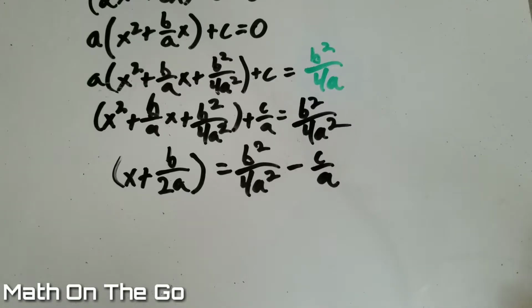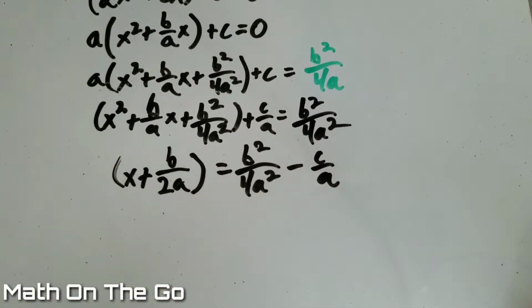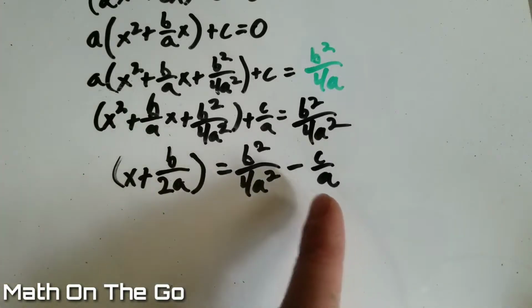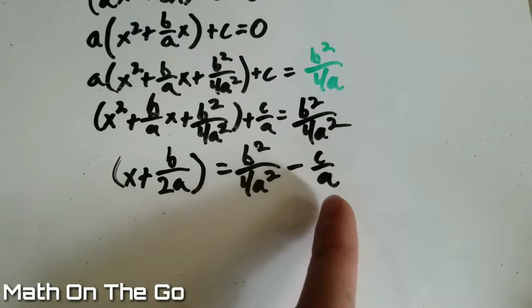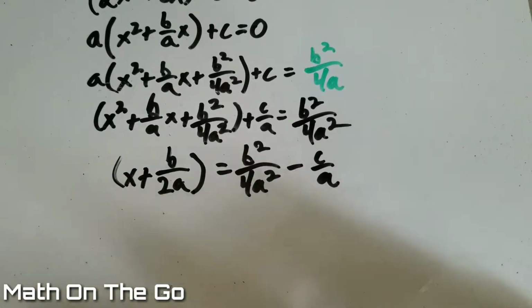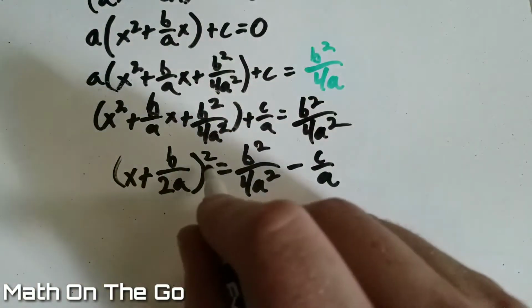Okay, now what we want to do is we want to work on getting a common denominator on our right-hand side, which would be 4a squared. So in order to get 4a squared, we need to multiply our c over a by 4 times a. So what we end up with, whoops, there's a square, forgot that.